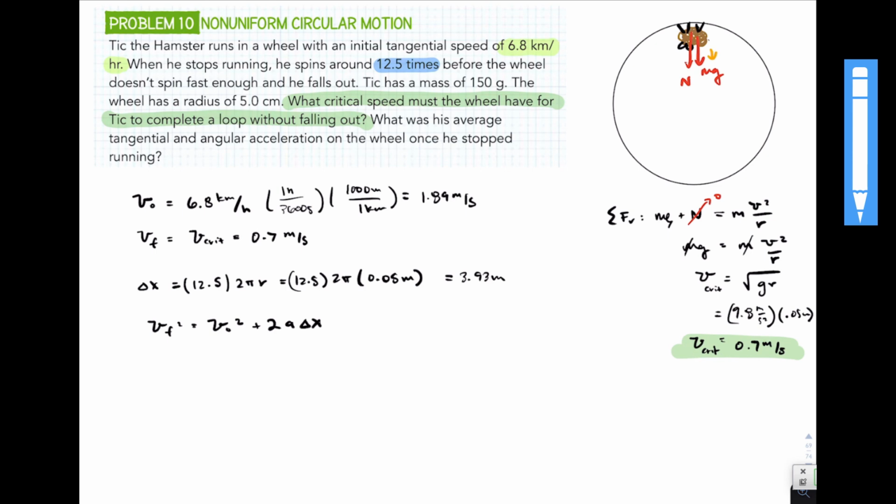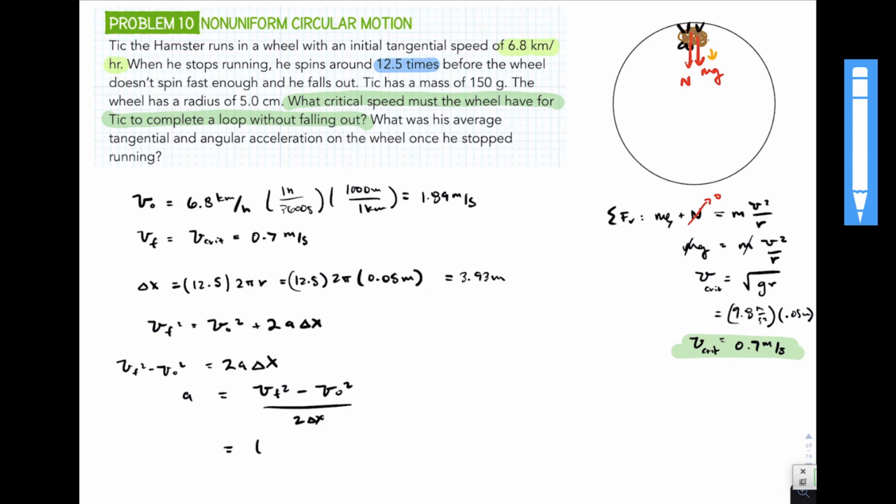So we just do some algebra. That's v final squared minus v initial squared is equal to 2a delta x. And so a is going to be equal to v final squared minus v initial squared divided by 2 delta x. So we just plug in our values.